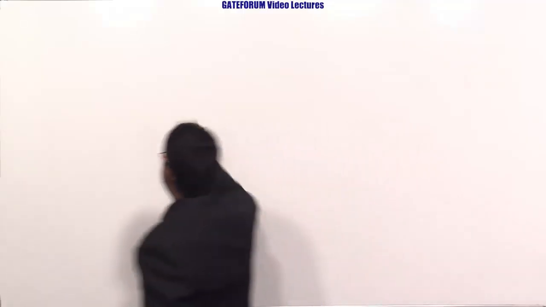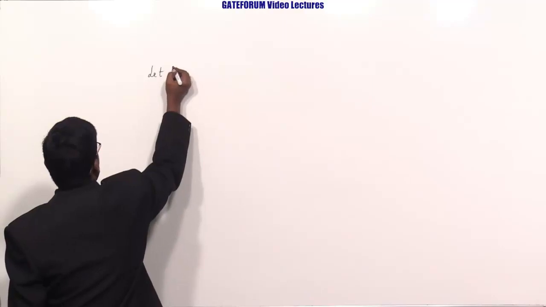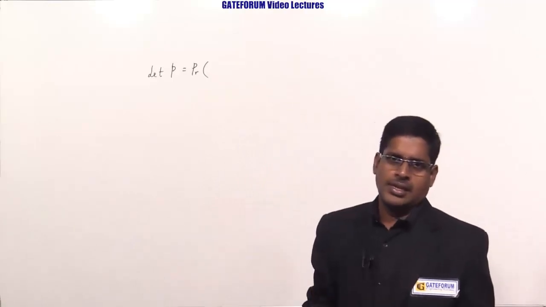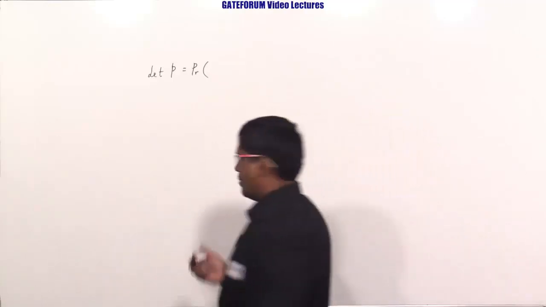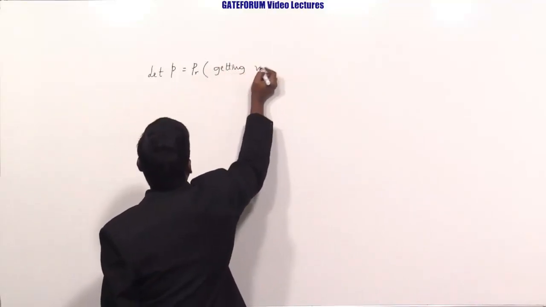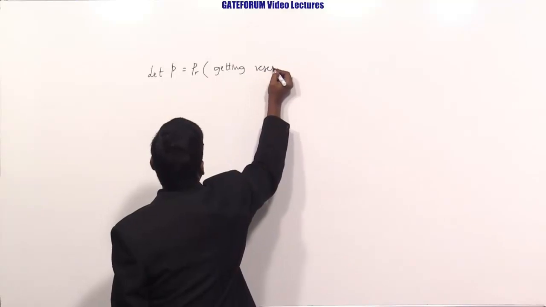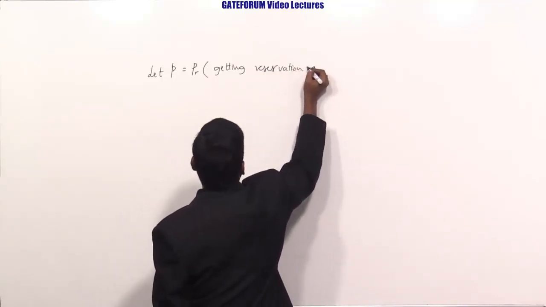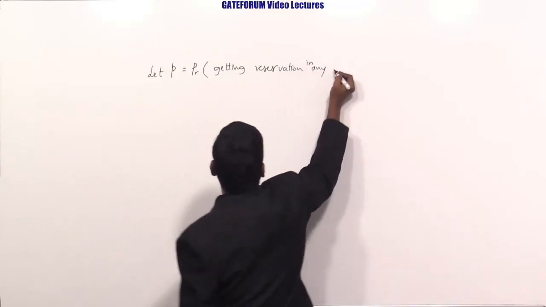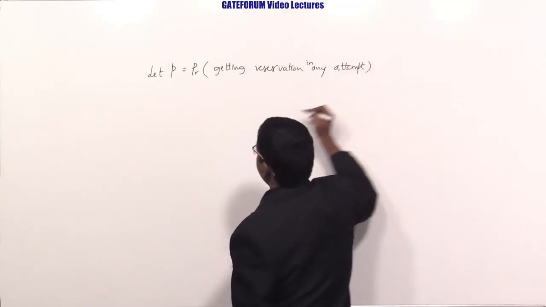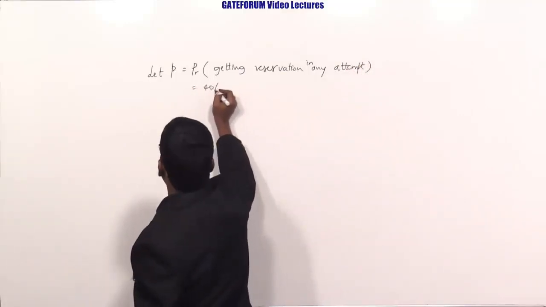Here I can write, let small p be equal to probability of, PR stands for probability, getting reservation in any single attempt, which is given 40%.